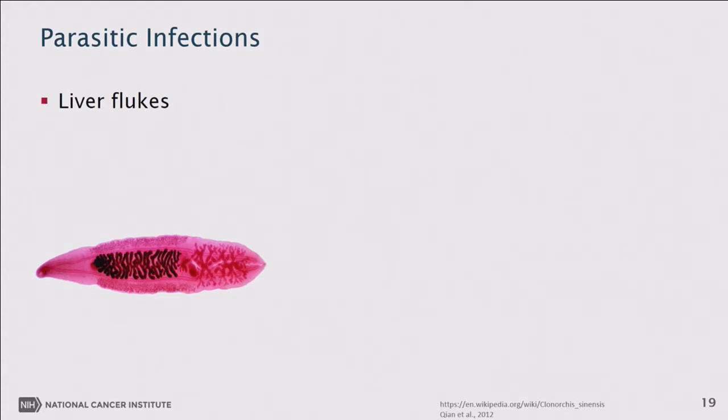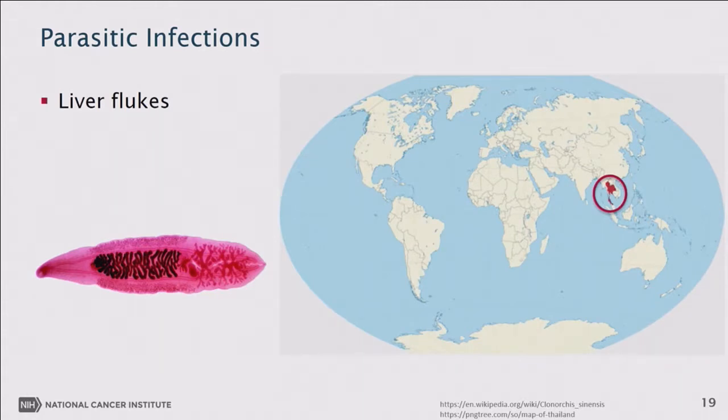And before anyone panics about this, these are not native to the United States. These are primarily found in Asian countries, and this is where the highest risk for a liver fluke infection occurs. And actually, the highest risk anywhere in the world occurs in northern Thailand, and I've highlighted that here. And this is also where we find the highest rates of cholangiocarcinoma.